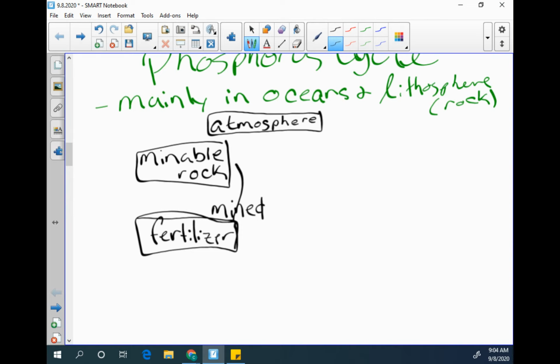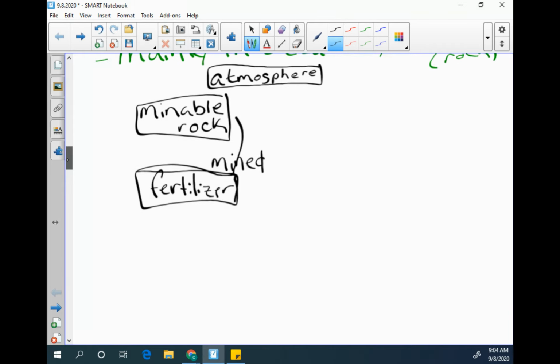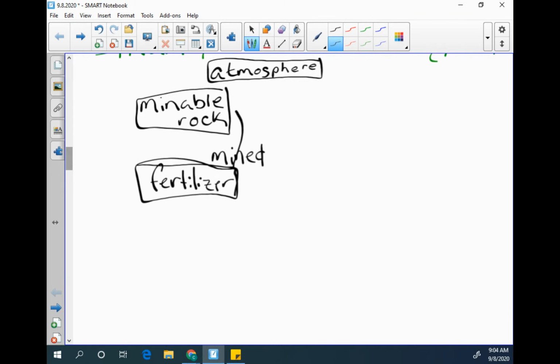Fertilizers and agriculture account for a lot of the human-influenced phosphorus cycle. So that mineable rock goes this way. That mineable rock and the fertilizers can all run off into rivers.